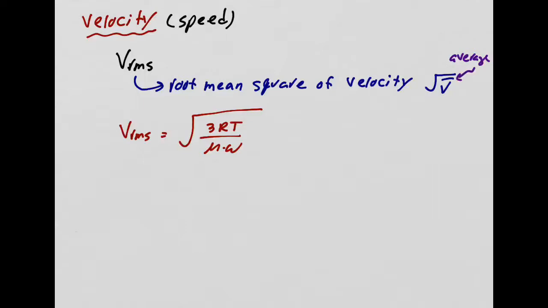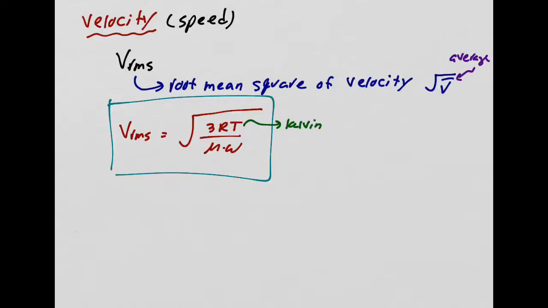This is the equation. I want you to put a little square around it. 3RT over molecular weight. Now let's go over this together. T is temperature. It has to be in Kelvin. Don't forget. MW is molecular weight. It's going to be in kilograms per mole.